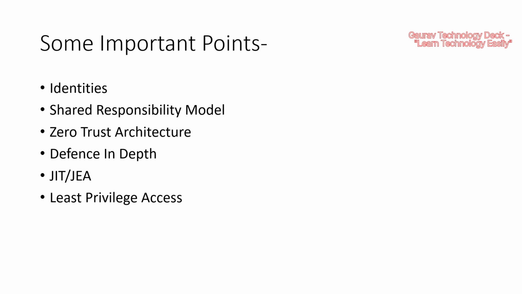We will require an understanding of certain technologies and keywords which are generally used. The first is identities, then the shared responsibility model, then zero trust architecture, least privilege, and defense in depth, which I already told you.